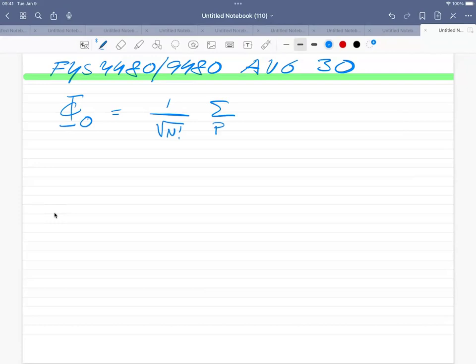And this runs up to p factorial, which is the possible way we can permute, let's say, 3 particles, which in that case is 6, which is 3 factorial. And this is given by a -1 to the power of this number of permutations which we make, multiplied with a permutation operator.